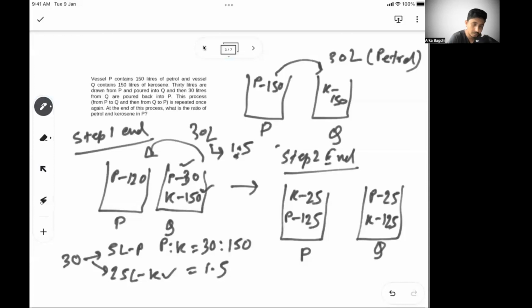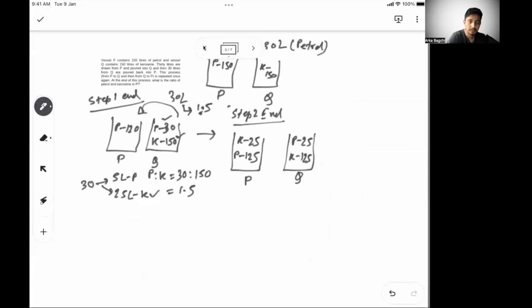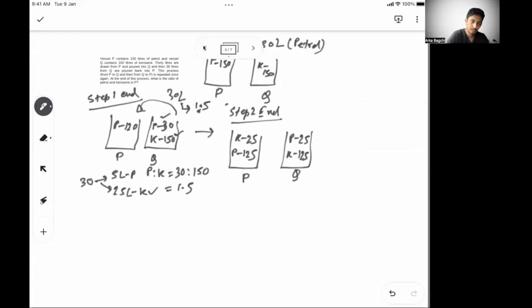They said this process will be repeated one more time. Let's see if we can do that process one more time. So let's see step 3 end. Step 3 end means from here you have put back another 30 liter.